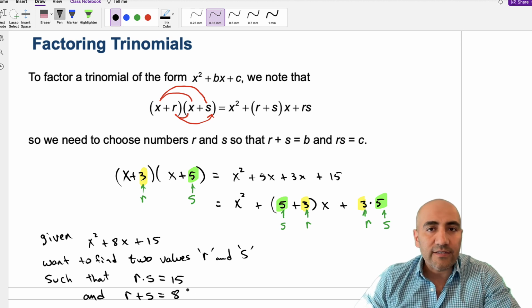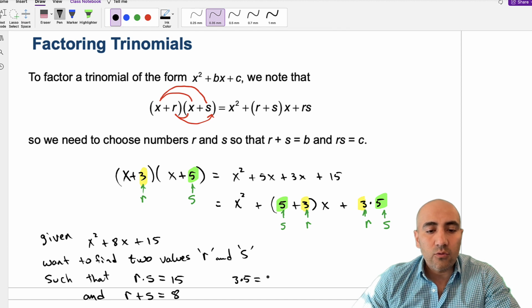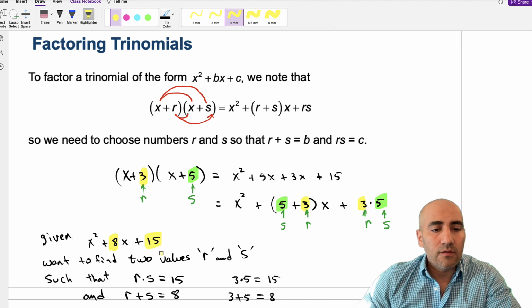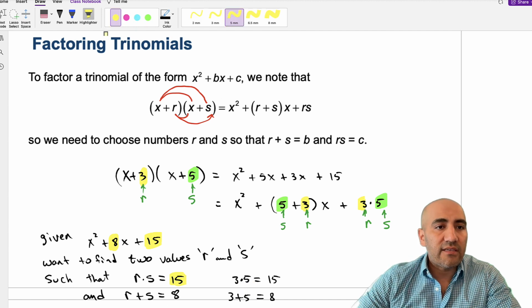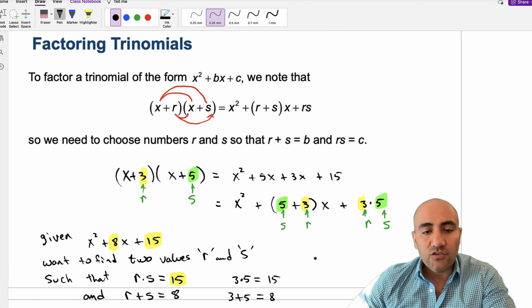So this requires a little bit of guessing and checking, but as you can see, the 3 and the 5 fit that form. We know that 3 times 5 equals 15, and we know that 3 plus 5 adds up to 8, which are the two values that we get right in here. Two numbers that multiply to 15 but add to 8. That's where 3 and 5 come in. That's how we arrive at our factorization.